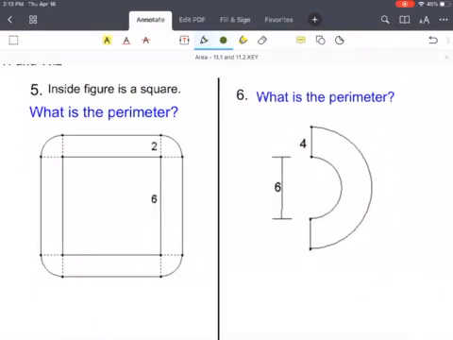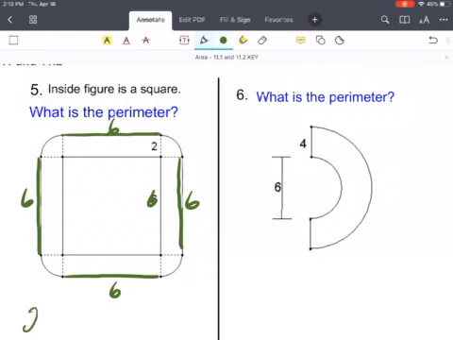Figure inside is a square, so this tells me that 6 is going to be my straightaways on each side. So that gives me 24. And because this is a square, I get a right angle. This is part of a circle. 1/4 of another circle, 1/4 of a circle, 1/4 of a circle.